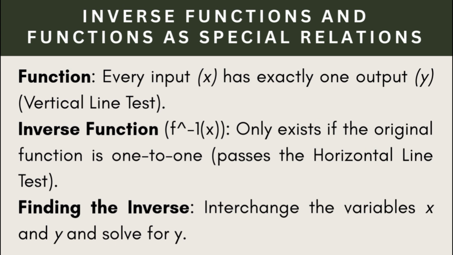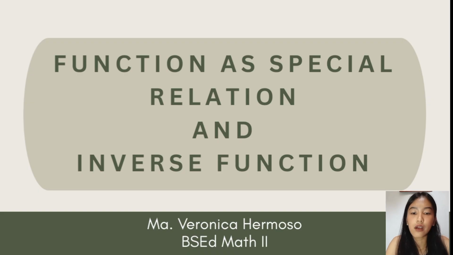And then inverse function, we have f raised to negative 1 of x only exists if the original function is 1-to-1 and passes the horizontal line test, meaning a horizontal line will intersect the graph at exactly one point. So finding the inverse, interchange the variables x and y and solve for y. So that's about inverse functions and functions as special relations.